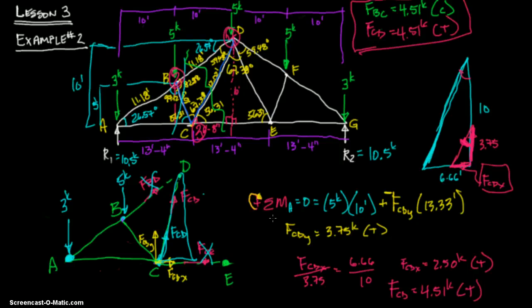So remember, the method of sections is when you take the entire truss and you cut it somewhere, pretty much a straight line across. You cannot cut like that. So that is the method of sections.